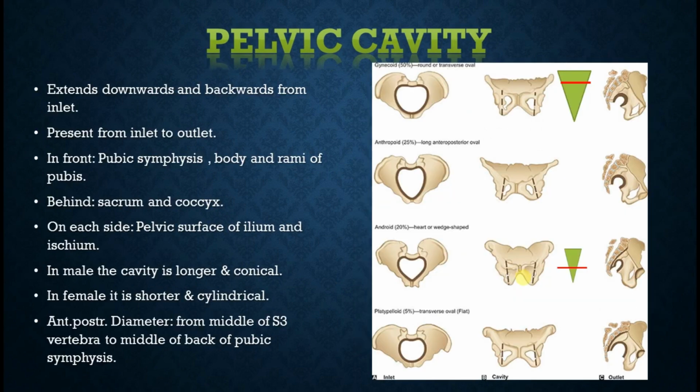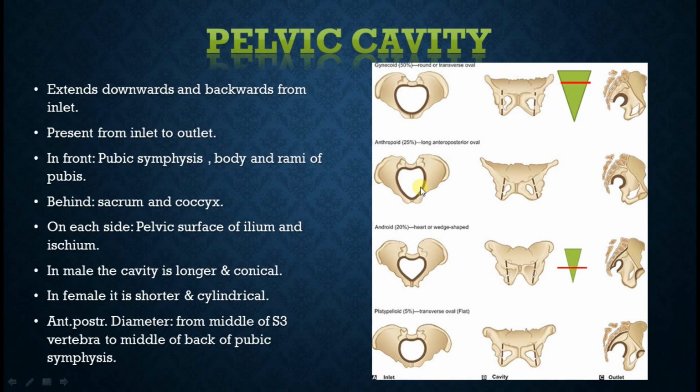The antero-posterior diameter is taken from the S3, the middle of the sacrum, third sacral vertebra, to the middle of the pubic symphysis. That is the antero-posterior diameter. Then the transverse diameter is measured along the lateral wall of the pelvis.